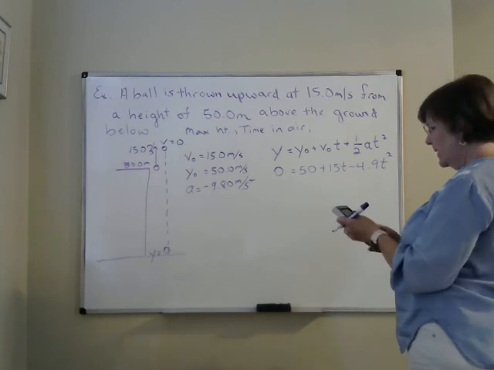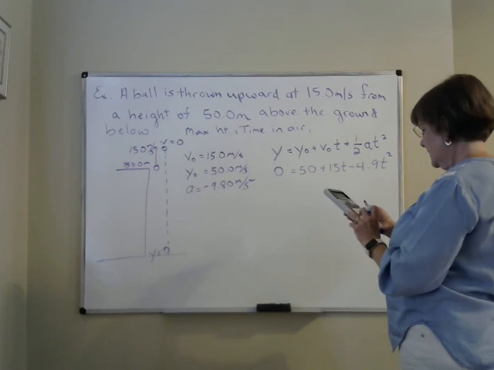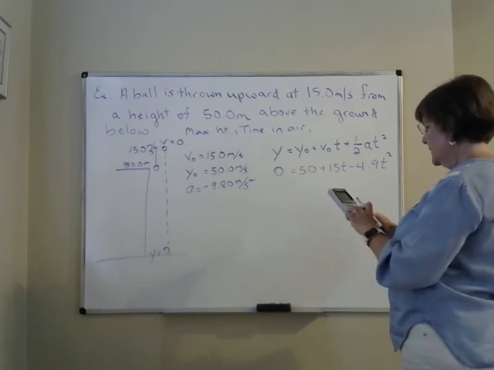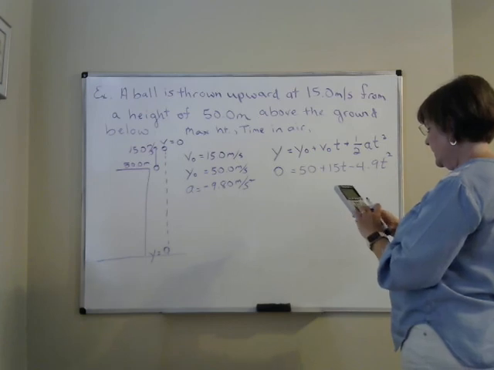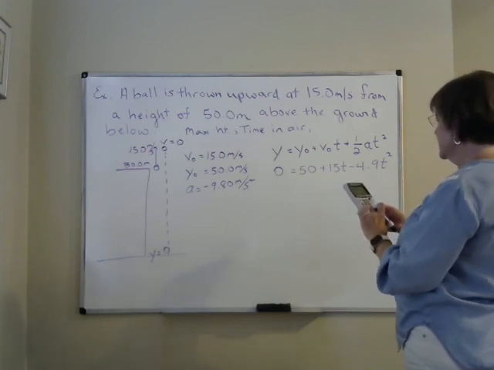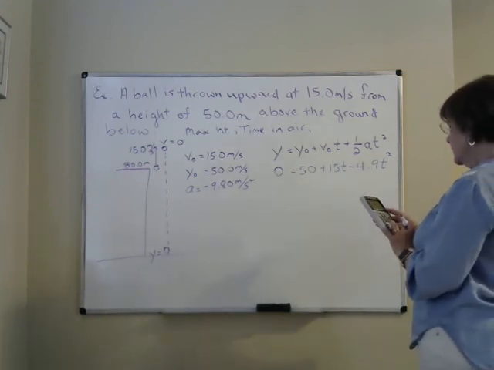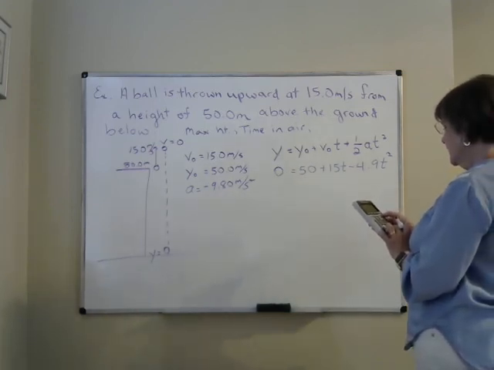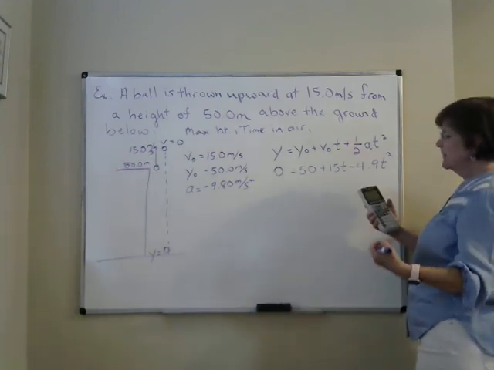I can put it in right where I had that other one. 50 plus 15 times x minus 4.9 x squared. I use x's instead of t's. And I just want to find out when that's going to equal 0 and graph it. Again, I see two answers. I see a negative and a positive.